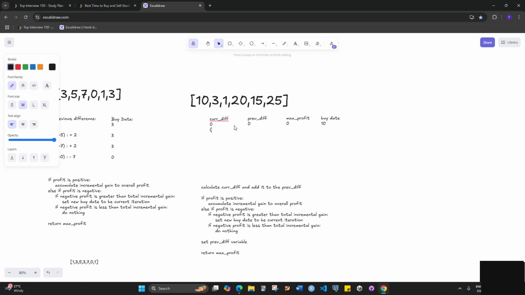On the next iteration from 10 to 3, the current difference is going to be -7. Check the previous differences. Still 0 in this case.